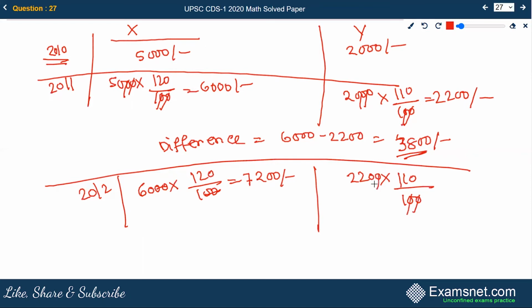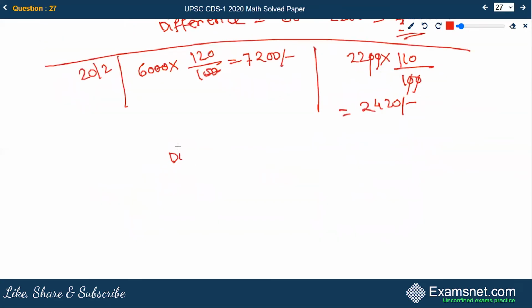So here the value will be 2,420. Now the difference between these two, 7,200 minus 2,420, that is 4,780. Again less than 5,000.